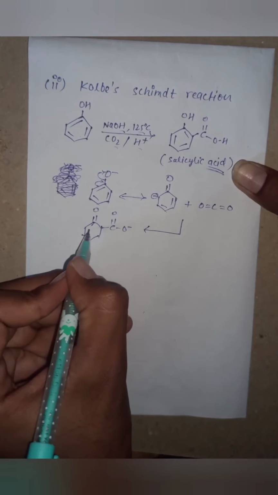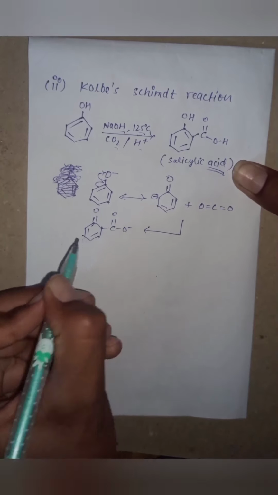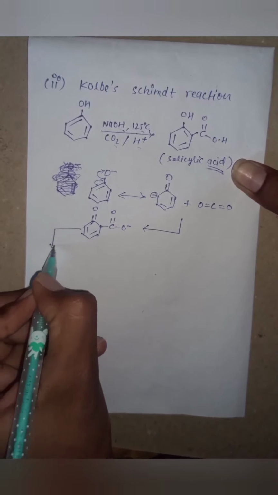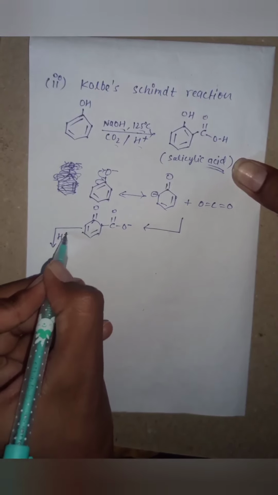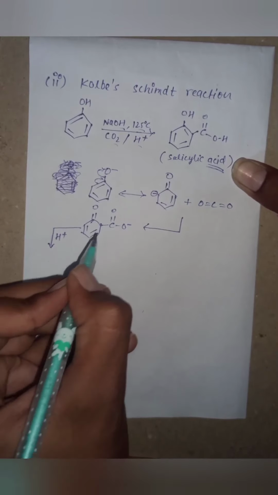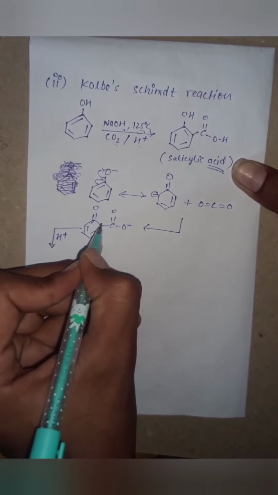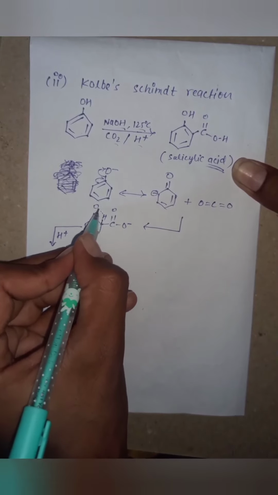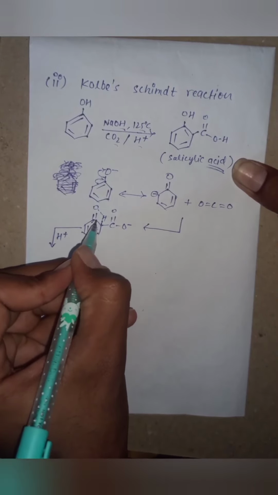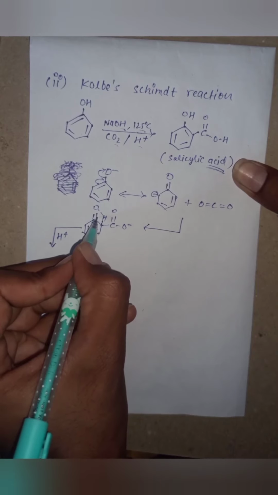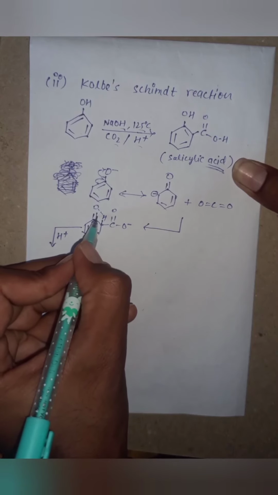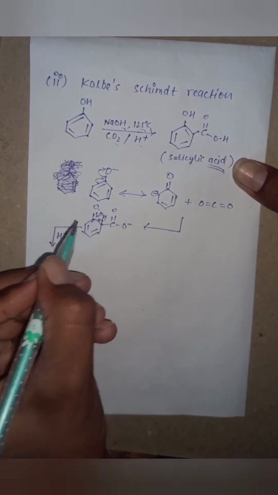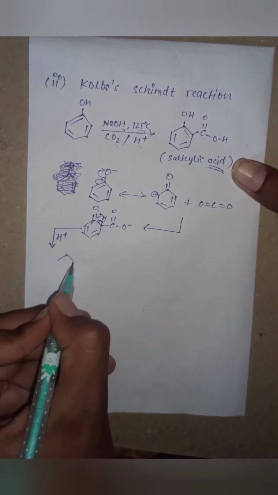Now here, due to tautomerization, the hydrogen at this site interacts with oxygen and this bond will break. And the double bond comes into the benzene ring.